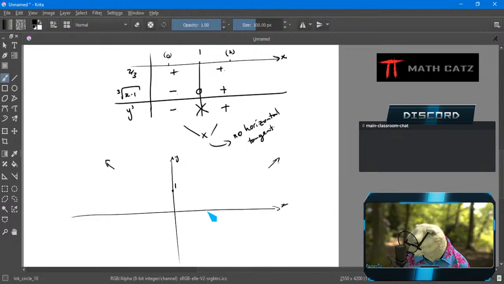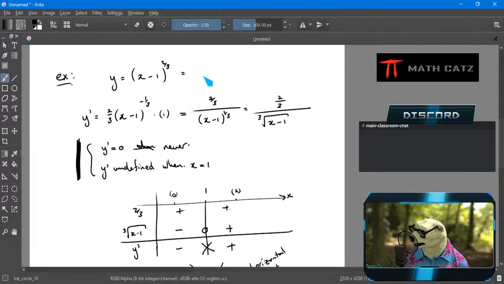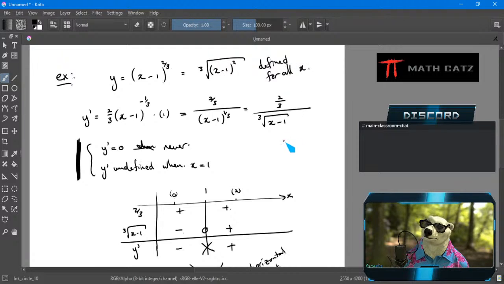And obviously something is happening at 1. Something unpleasant is happening at 1. The derivative is undefined. Yet, because I can see this as the cube root of x minus 1 squared, cube root is defined everywhere, this function is defined for all x values.